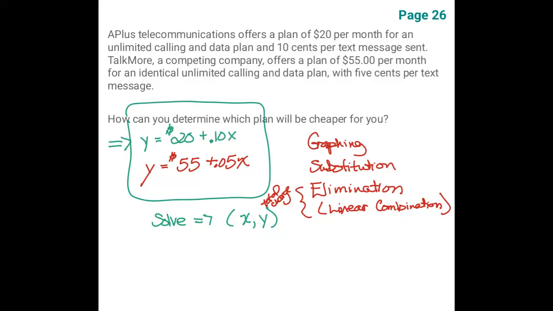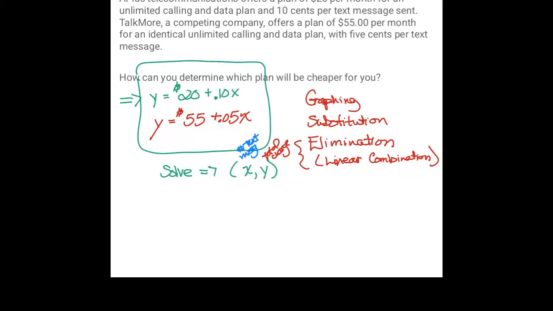Number of text messages. So if they come up with the same answer and we get the solution for both of those, that means this is where both of those lines would intersect and they would both cost the same at that point. Okay?